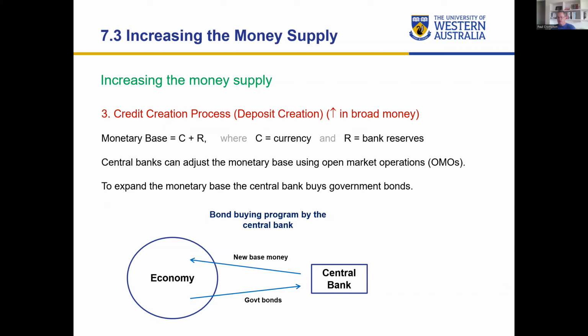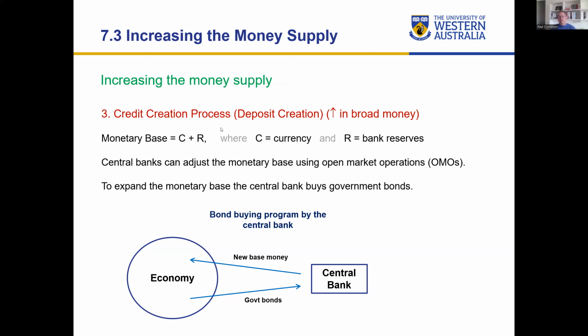So we've got two parts of this explanation. First of all, the central bank moving $10 billion of additional dollars into the economy, and that's not part of the credit creation process. But once the $10 billion of new money is in the economy, then the credit creation process will start after that. That's a reasonably important distinction.